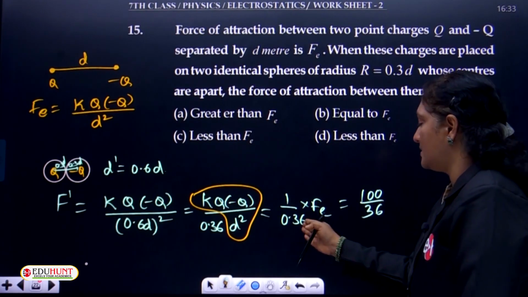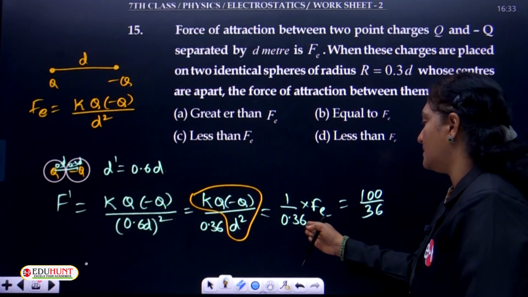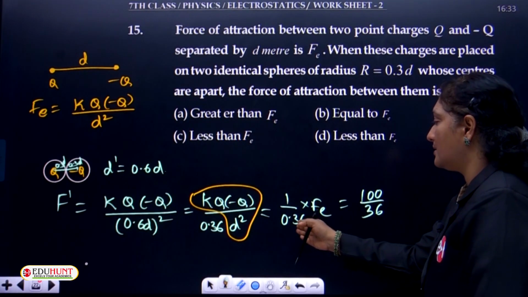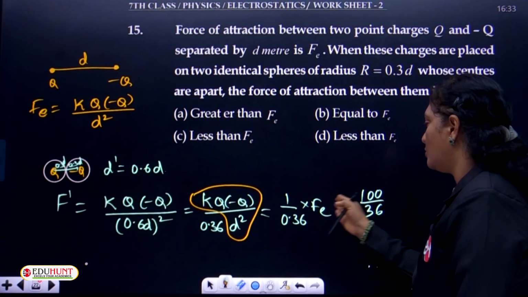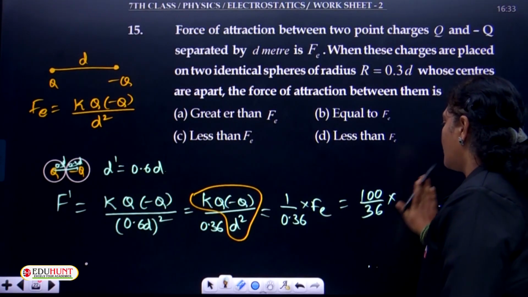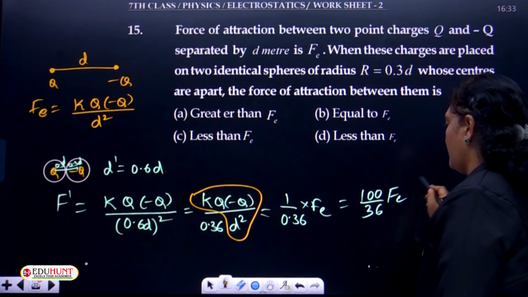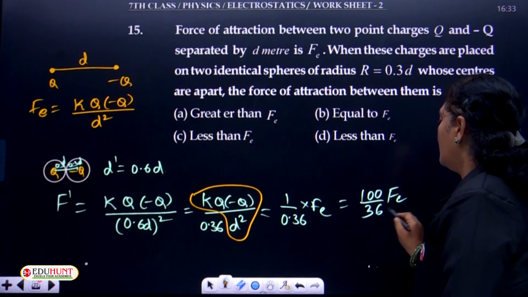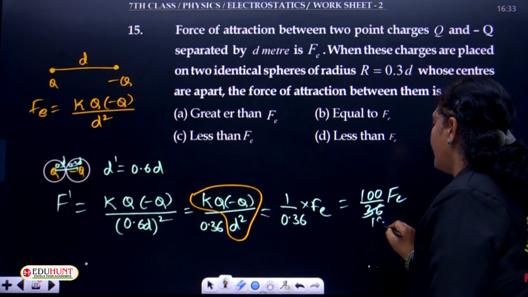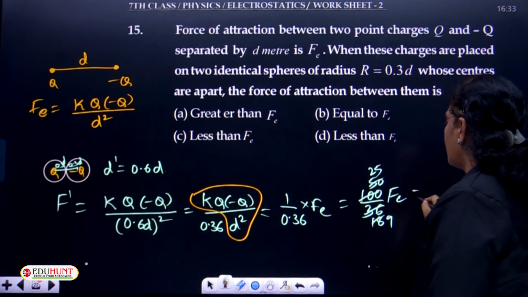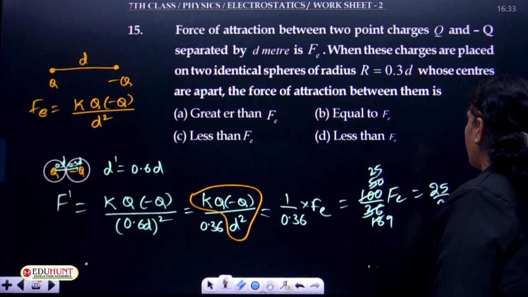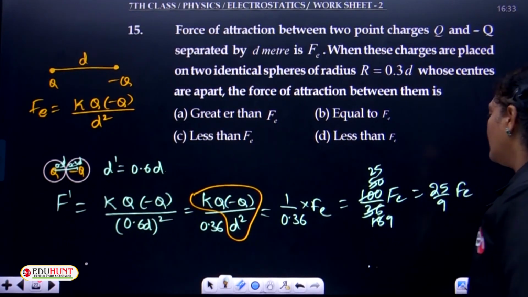In order to remove the decimal, 0.36 can be written as 36 by 100, so 100 is taken to the numerator, 100 by 36 times Fe. Dividing further gives 25 upon 9 times Fe.